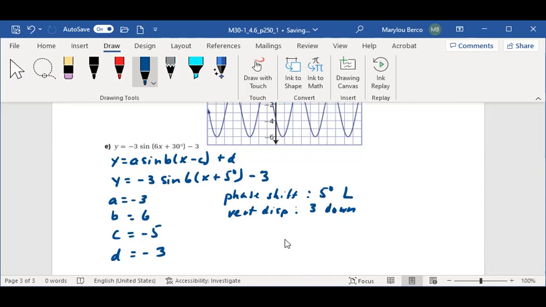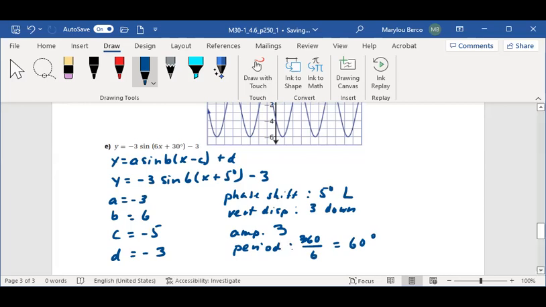So to sketch the graph, we use the amplitude of 3, period of 360 over 6, which is B, or 60 degrees.